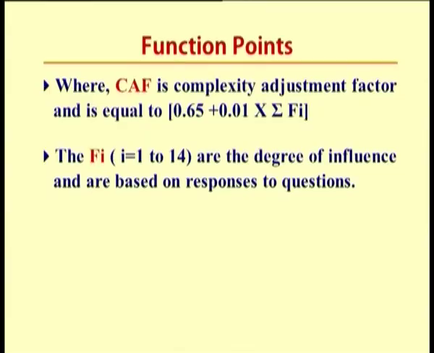Now we need to understand what CAF actually means, and we have to find out how to calculate the complexity adjustment factor. CAF, the complexity adjustment factor, is equal to 0.65 plus 0.01 into summation of i equal to 1 to 14 Fi, where these Fi, i equal to 1 to 14, are the degrees of influence and are based on the responses to the questions.